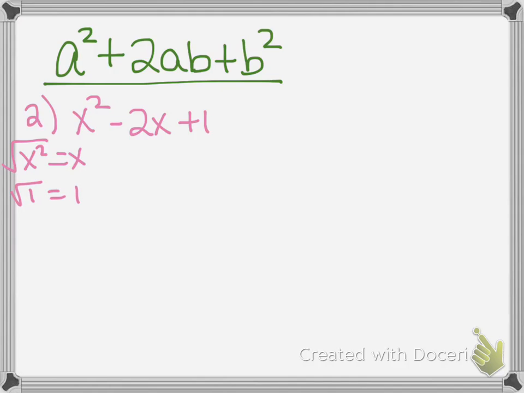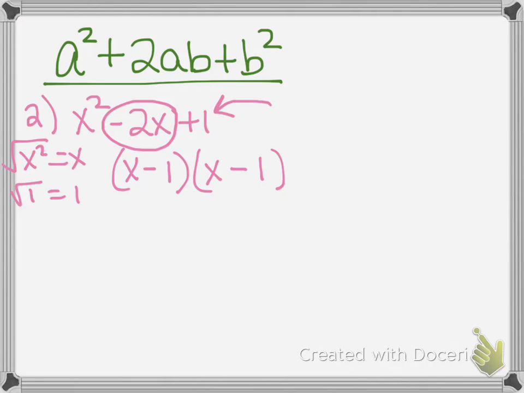So then you need to ask yourself, okay, well, if I take 1 times x, I get 1x, and I double it, I do get 2x, but I don't get negative. So this is what we need to think about now. If we get that 2x there, now we just have to play around with the signs. So I'm going to have x and 1 and x and 1. But I'm actually going to have a minus in both of them because they need to add to give me a negative, but then multiply by each other to get a positive.